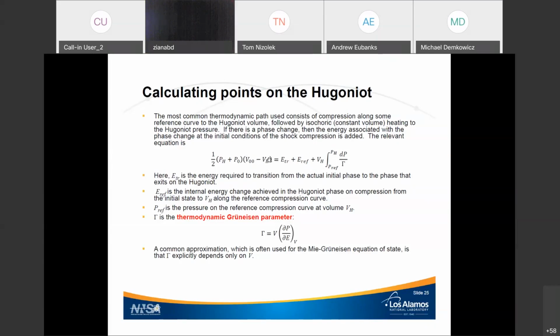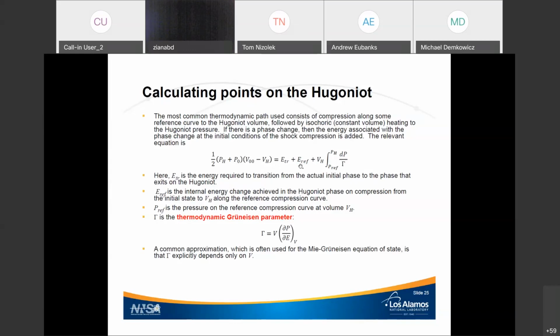So here's the energy on the Hugoniot along the Rayleigh line. Here's this transition energy. Quite often, if there's no phase change, usually this is zero. If you were really niggling, if there were a different density, then there's probably some surface energy due to porosity that might make this non-zero, but it's so small that it ends up being in the noise relative to the data used to define the Hugoniot.